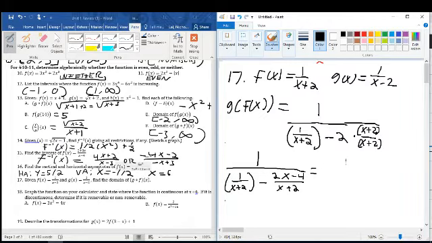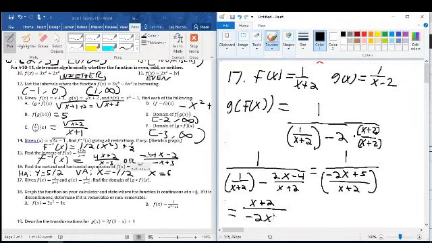That is 1 over negative 2x, and 1 minus negative 4 is going to be 1 plus 4, which is 5. So 1 over negative 2x plus 5 over x plus 2. And when you have 1 over a fraction, you can flip the fraction. So this is going to be equal to x plus 2 over negative 2x plus 5.